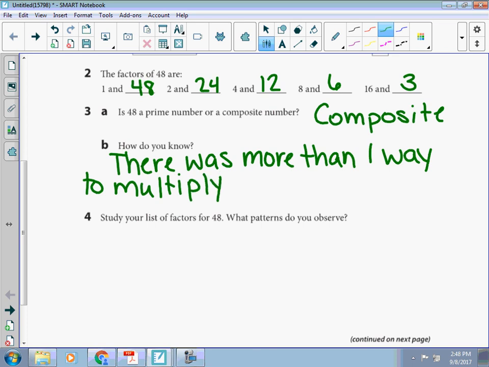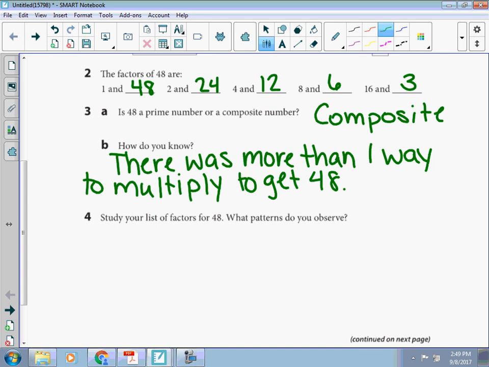It has more than two factors. So this one has 1, 2, 3, 4, 5, 6, 7, 8, 9, 10 factors. So you can either say there's more than one way to multiply to get 48, or it has more than two factors. And study a list of factors for 48, and what patterns do you observe?